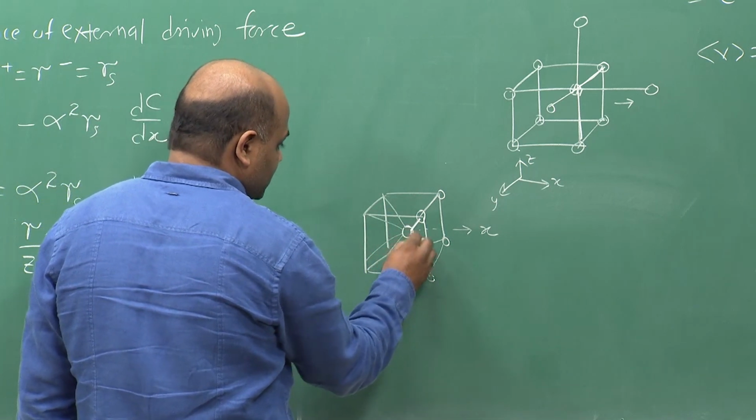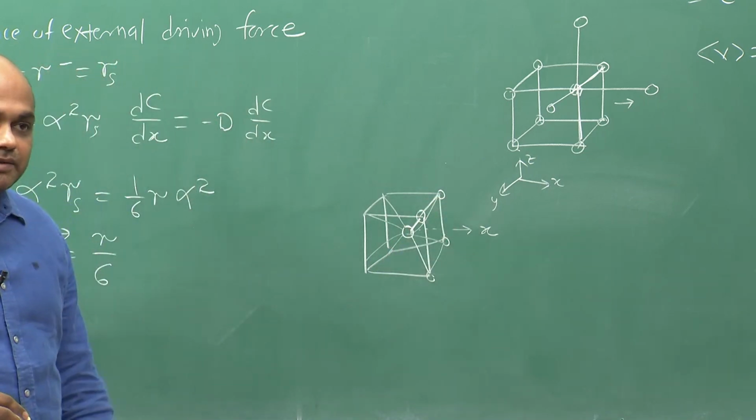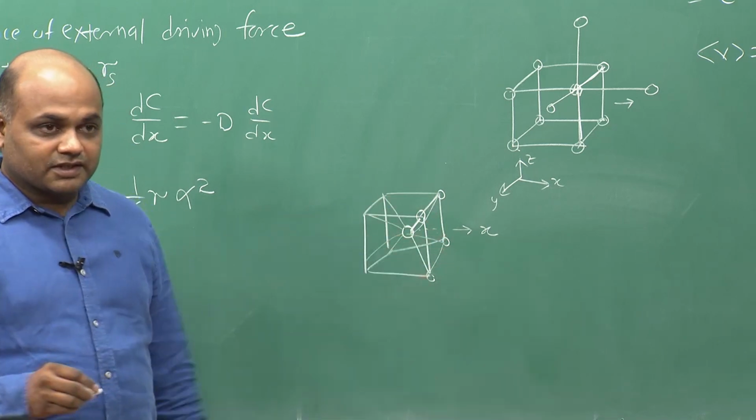These are the nearest neighbors. Now, any of these jumps is not exactly in the x direction, but it will have some contribution in the x direction. How much will that be?